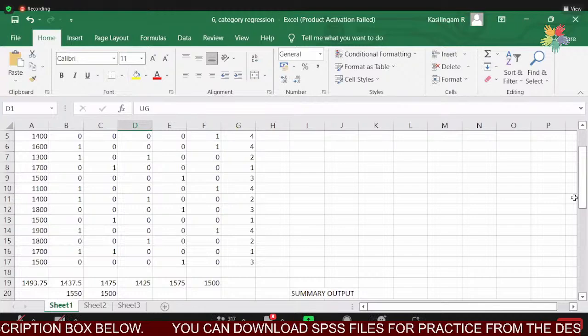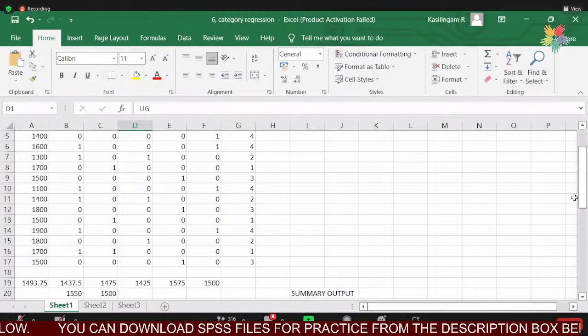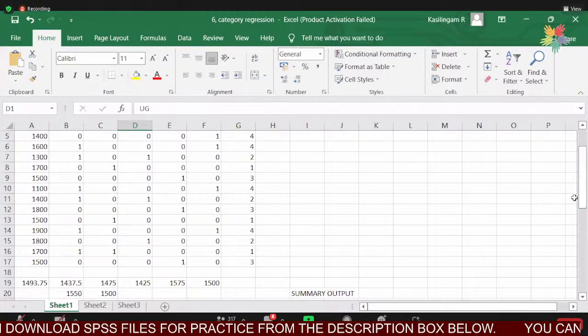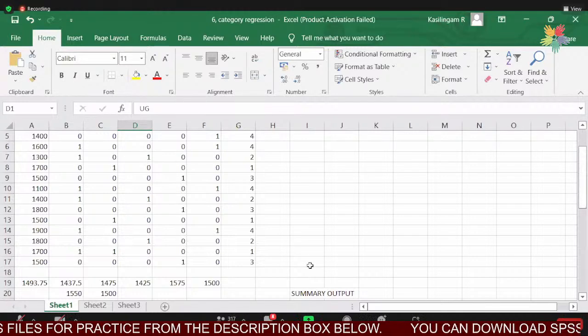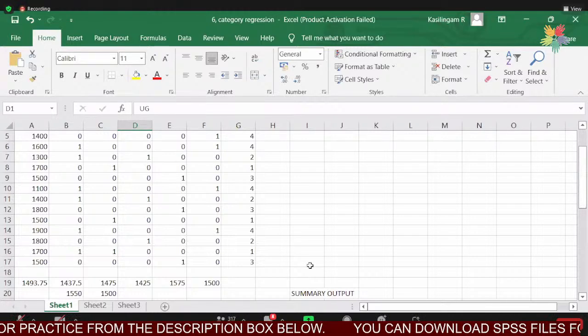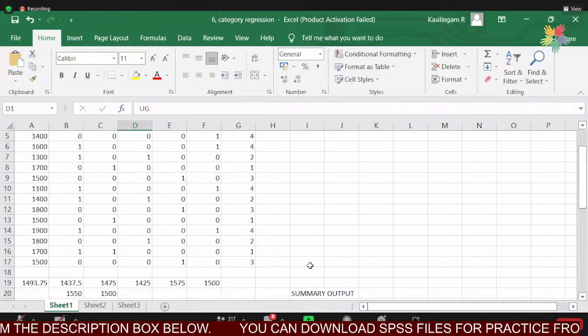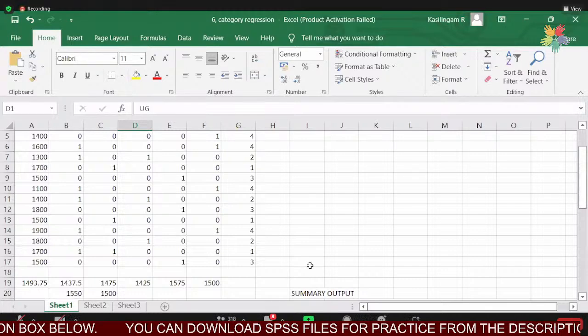My PG is 1,575. So, PhD is 1,500, HSC is 1,475, UG is 1,425, and PG is 1,575.